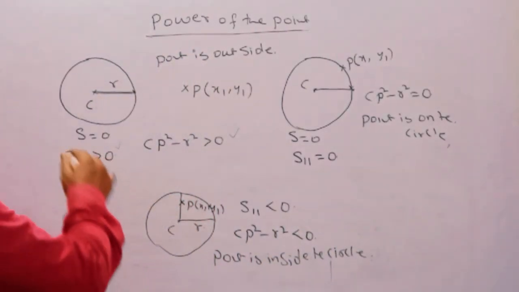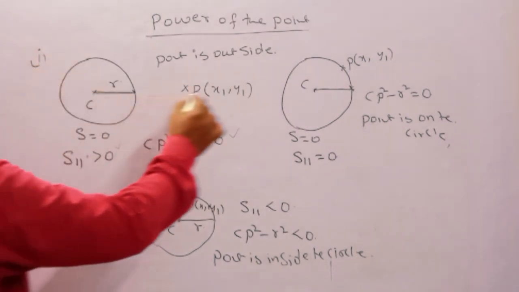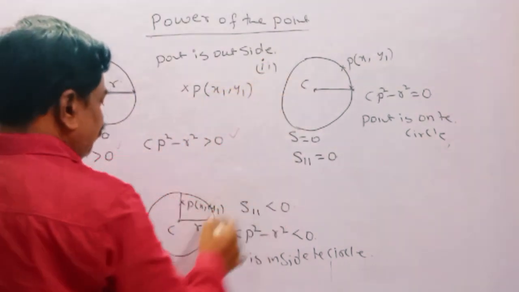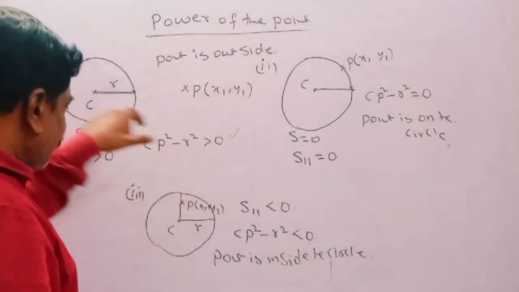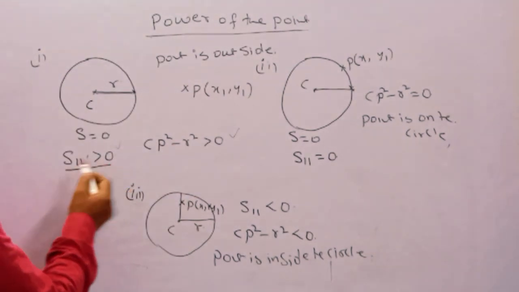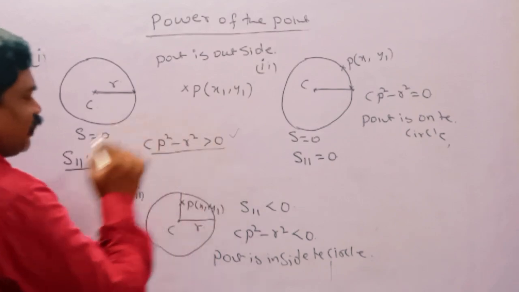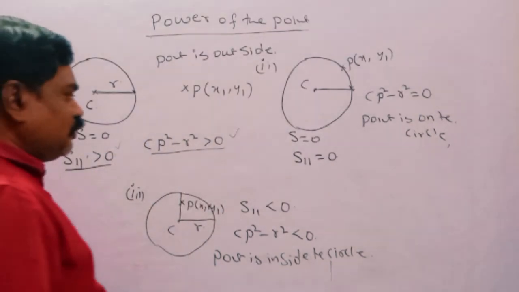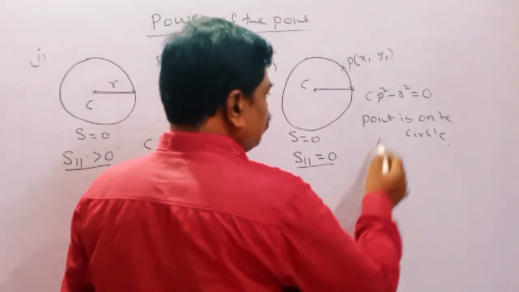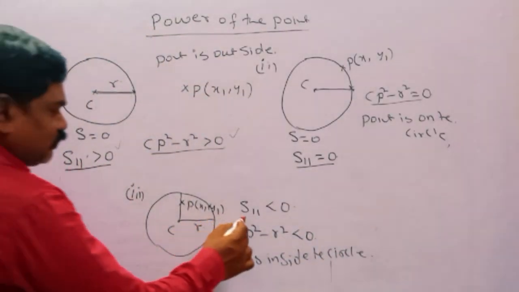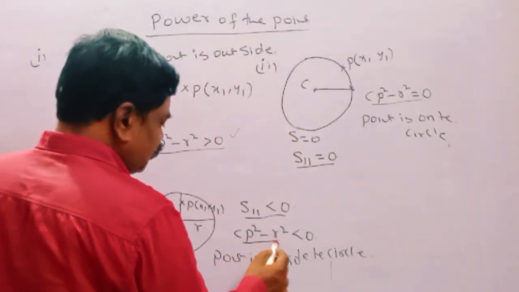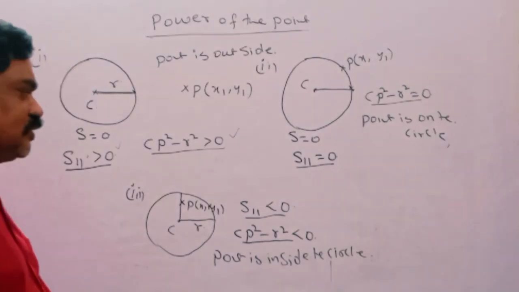Now these are the three conditions. In condition 1, S11 greater than 0 and CP square minus R square greater than 0. Condition 2: S11 equal to 0, CP square minus R square equal to 0. Condition 3: S11 less than 0, CP square minus R square less than 0.